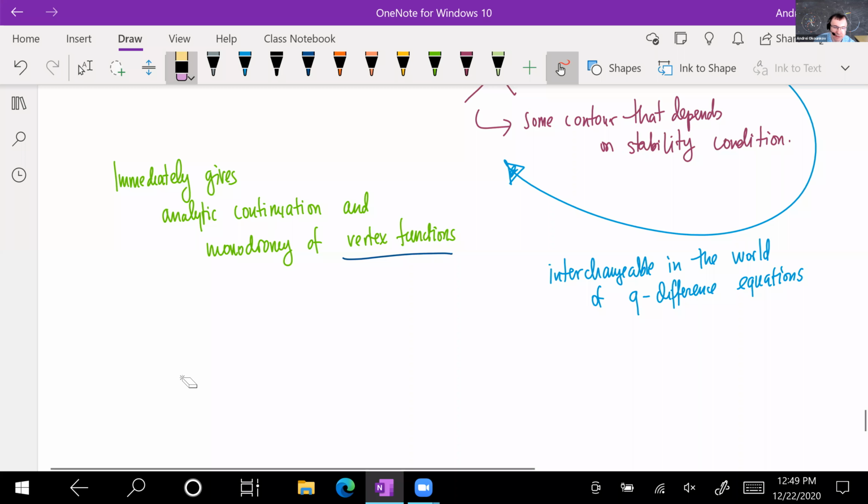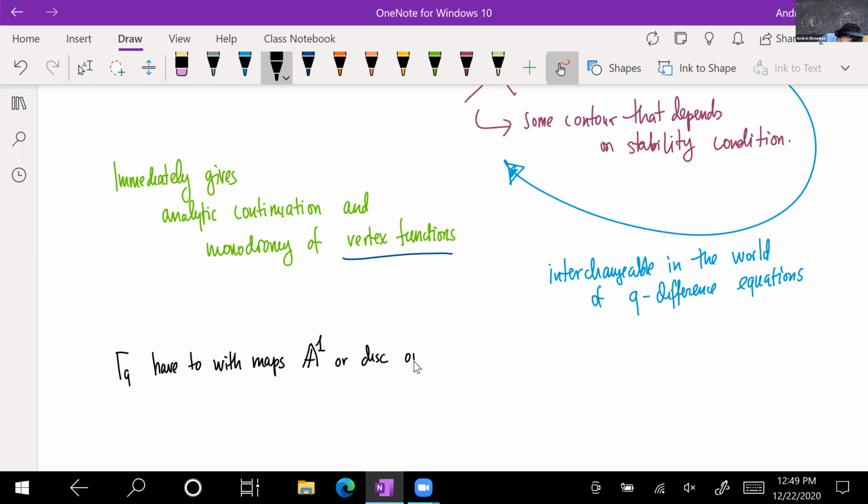These have to do with maps from, well, I don't know, A1 or a formal disk or whatever, to the space X.